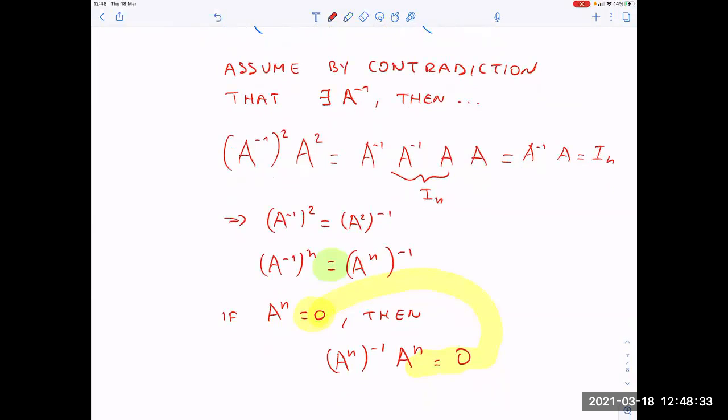And so here, what I get is the identity, which is not equal to 0, right? So if this matrix A having power equal to 0 was invertible, then you would be in trouble because you would get that the 0 matrix is equal to the identity matrix. Okay?